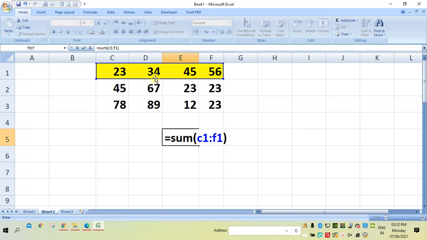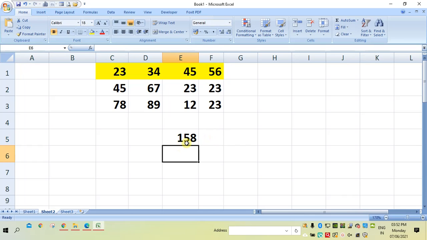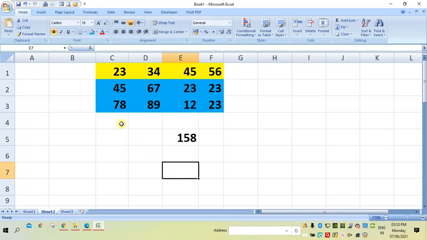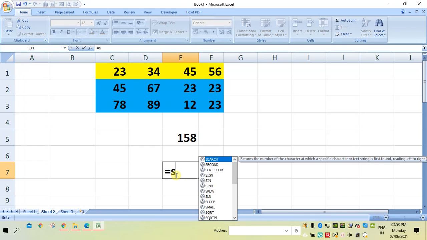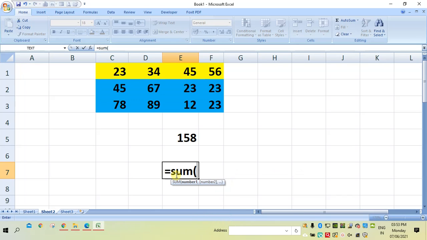So here it is 158. It is the addition of these four numbers. To add the blue background colored numbers, we use sum and we specify the range. The range is C2 to F3. That can be written in this way: equal to sum in bracket C2 to F, then you write colon, then F3.